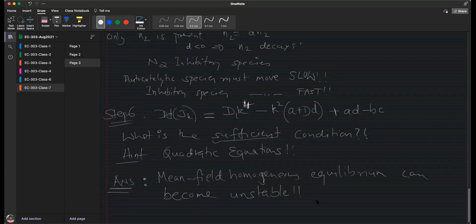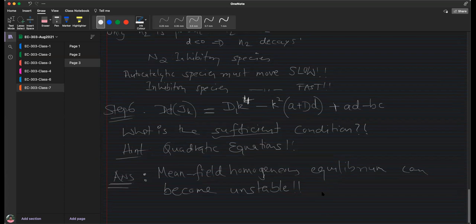So one question that also arises is where it would go then, if the homogeneous equilibrium itself becomes unstable. What's the final stable state? That's one question. We have lost our equilibrium solution, so what happens now? Where will the perturbation go to? Very good question. What else?